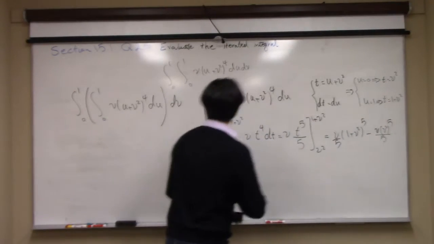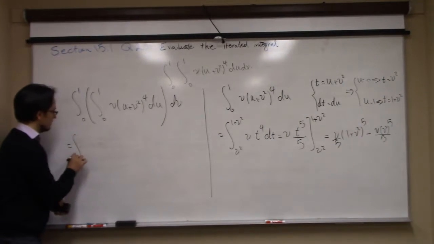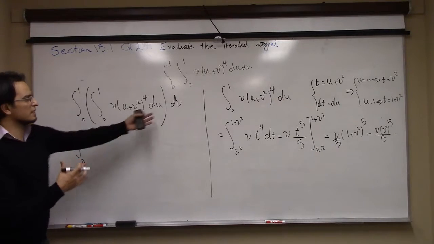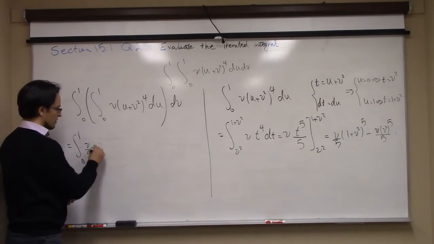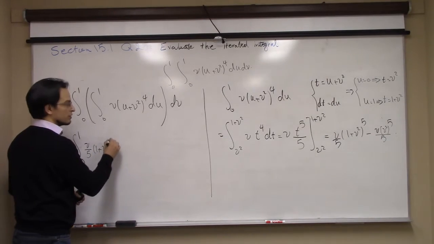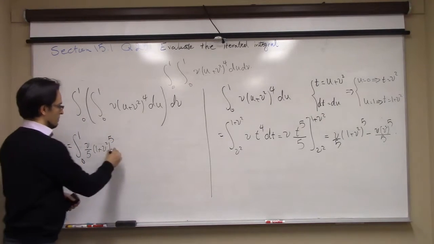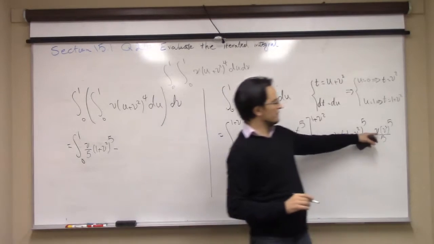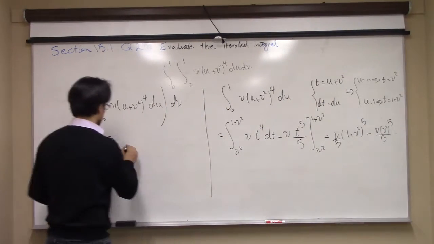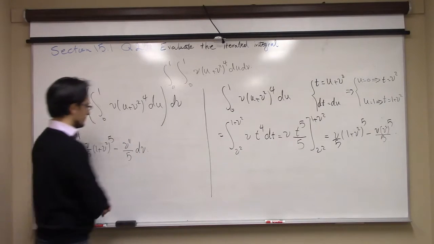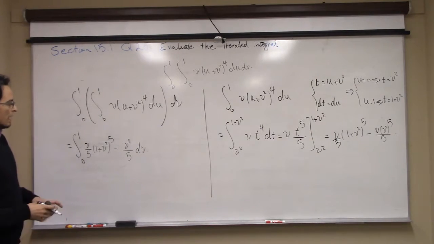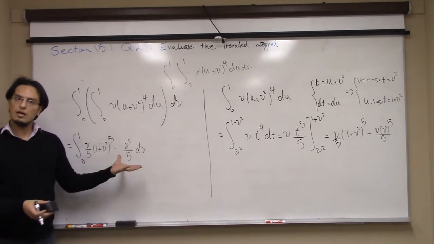So the result, I can write it here now, because everything is in terms of v. It is v over 5 times (1 plus v squared) to the power 5, minus v to the power 11 over 5. Okay, this part is now an easy integral.